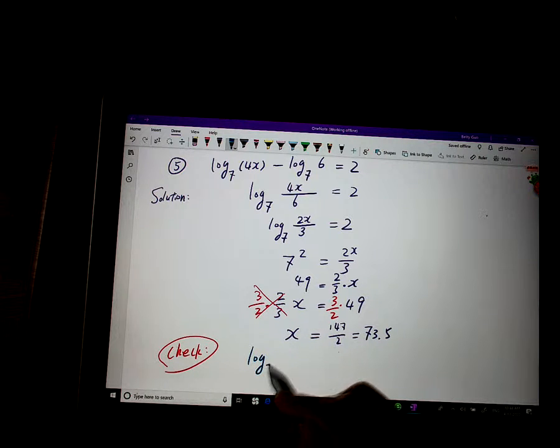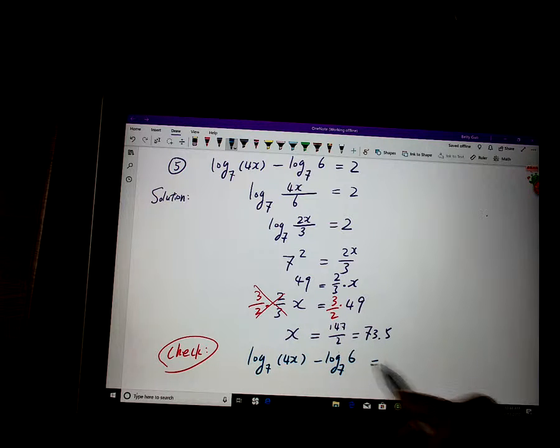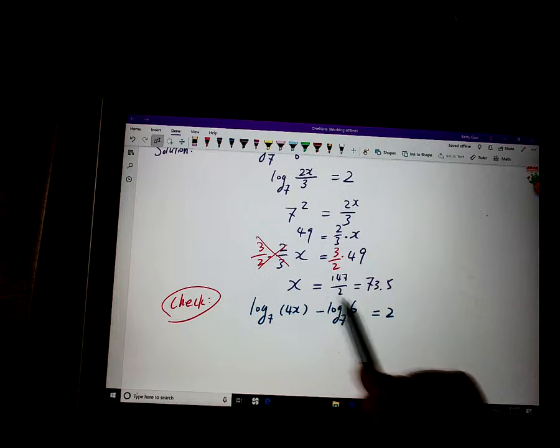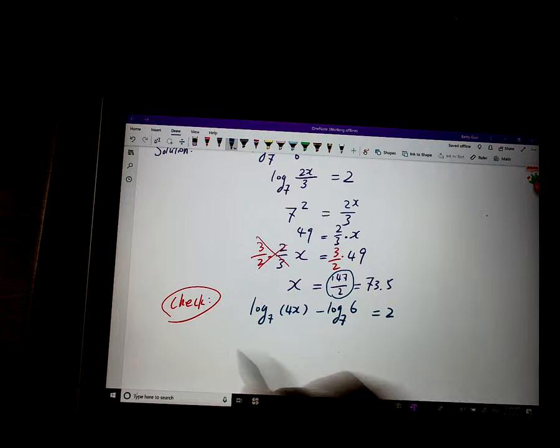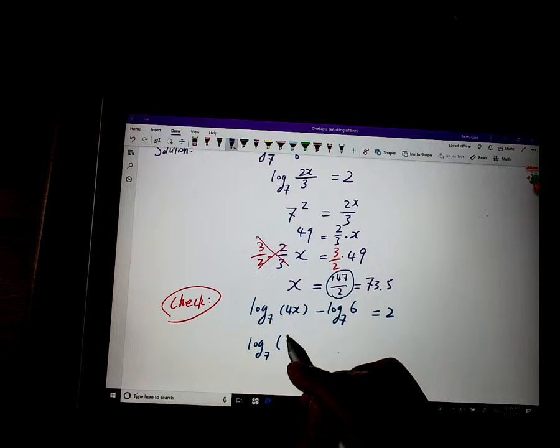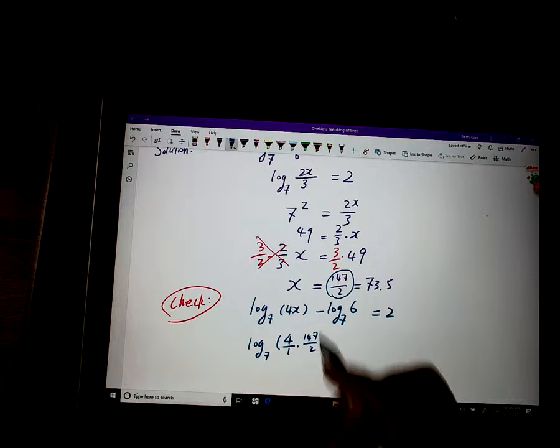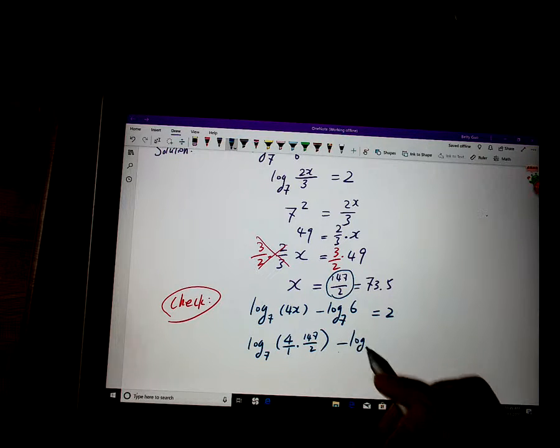Original equation: log base 7 of 4x minus log base 7 of 6 equals 2. Let's plug in the fraction. This might be better. So we plug in log with base 7 of 4 times x, so 4 over 1 times 147 over 2, minus log with base 7 of 6 equals 2.